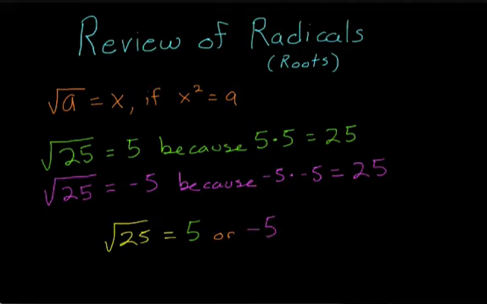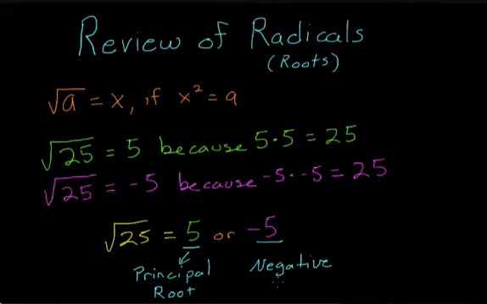Well, what do we do with these two answers? 5 is what we call the principal root. You can think of it as the positive root because the principal root is always positive. So 5 is going to be the principal root, whereas -5 is going to be the negative root.